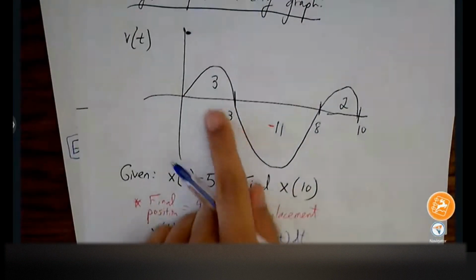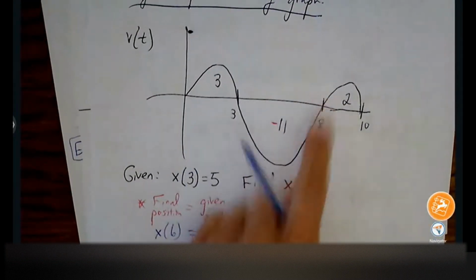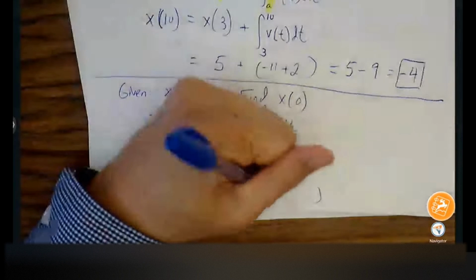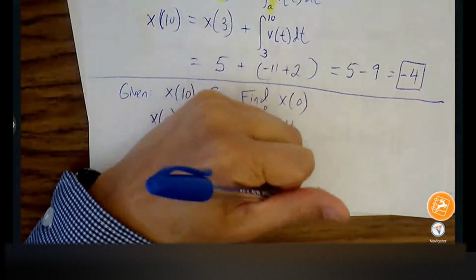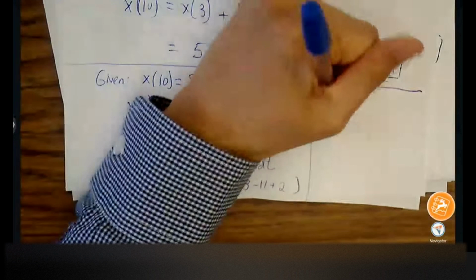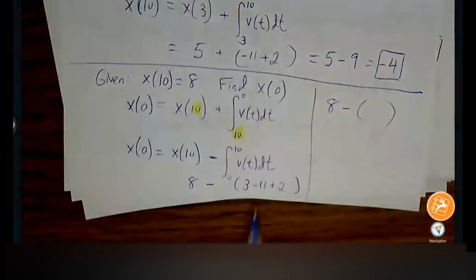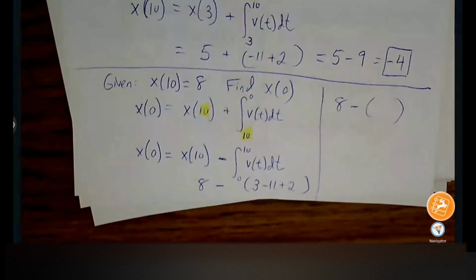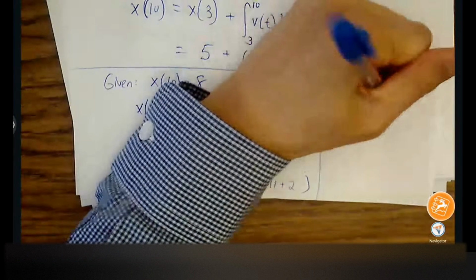So 0 to 10, 3 minus 11 plus 2. So this is negative 8 plus 2, negative 6.